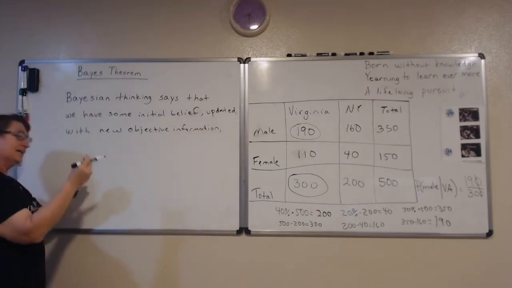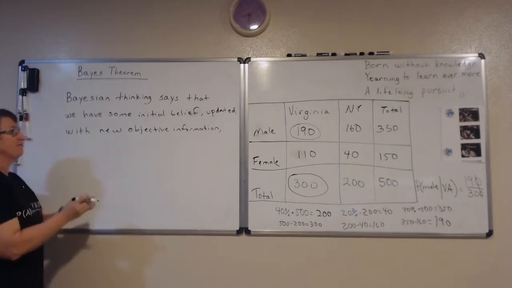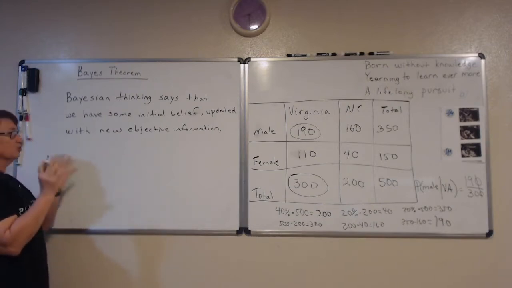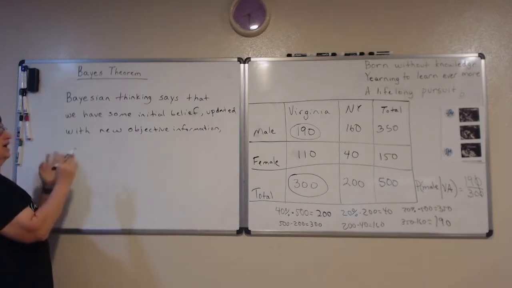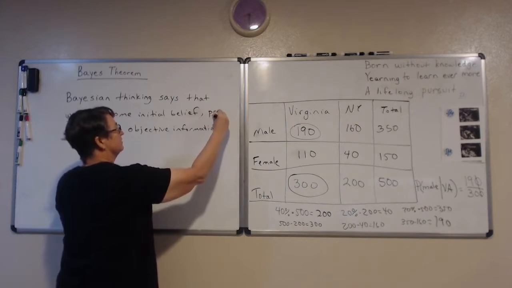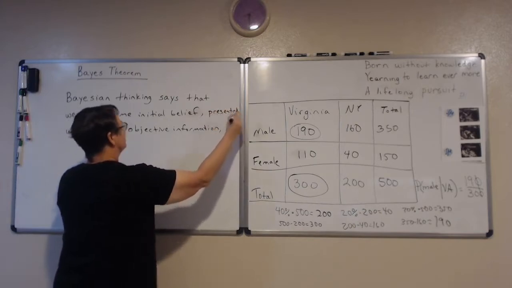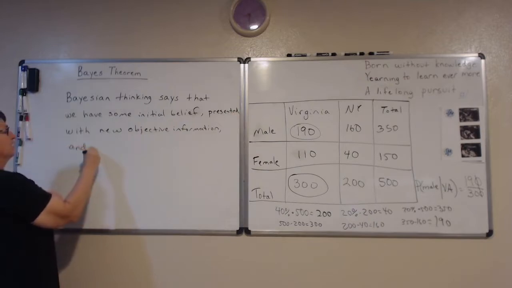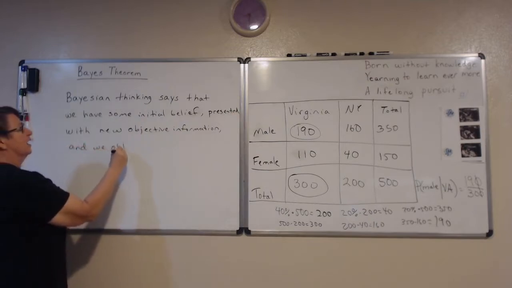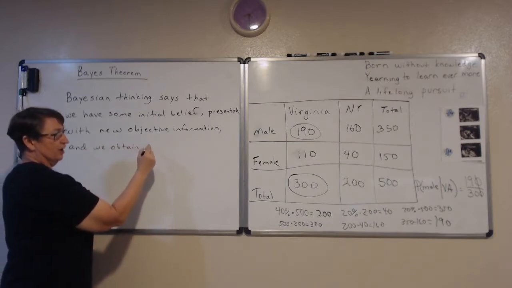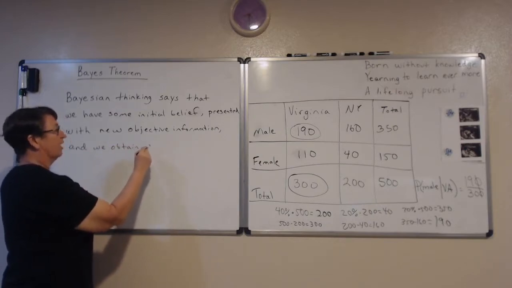And then it updates our belief. So Bayesian thinking says that we have some initial belief, and how about instead of updated, we say we're presented with new objective information, and we get a new or an updated belief.